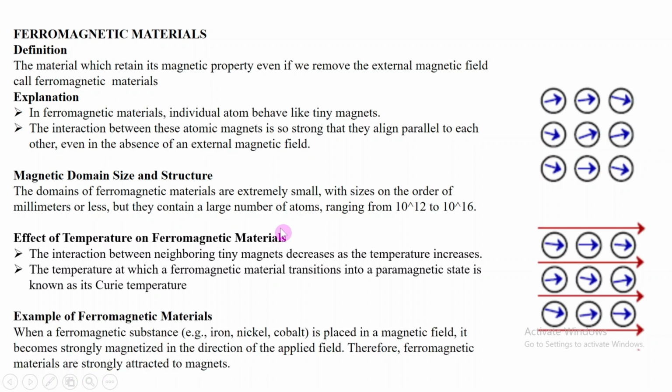Okay, examples of ferromagnetic material include iron, nickel, and cobalt. When we place these materials in the external magnetic field, they become strongly magnetized in the direction of the external magnetic field. Therefore ferromagnetic materials are strongly attracted towards the magnet.